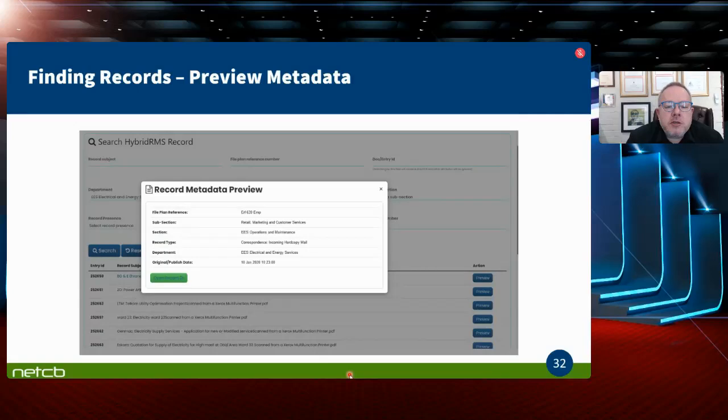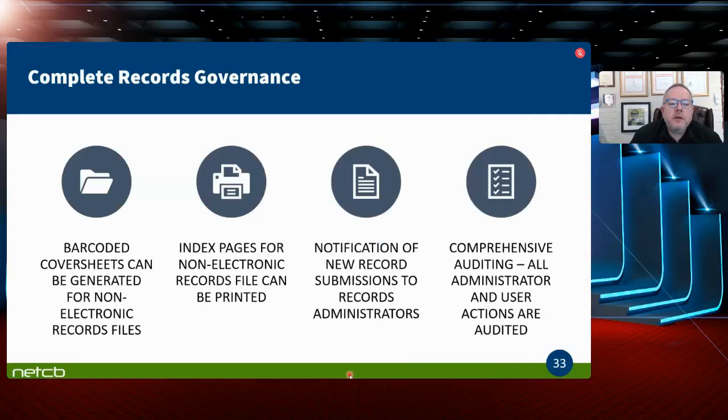If the record is not digitized, you still have the metadata of the record, but it will indicate the physical location of that record. So all in all, it provides us with a very comprehensive records governance environment.